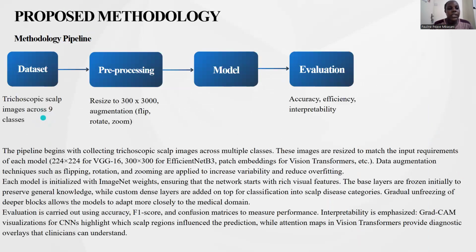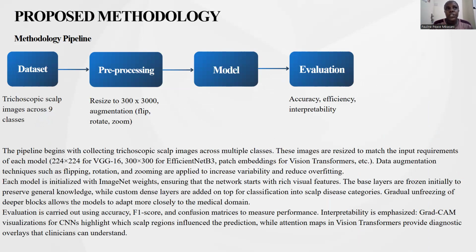For the next slide, we have a proposed methodology of how we are going to interact with the different models. Of course, our input is going to be the dataset, which we sourced from Roboflow. Then we shall have pre-processing, where we have EDA and then resizing of the images based on the different model that we are going to use.